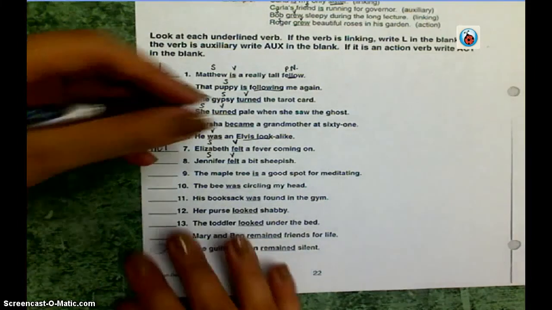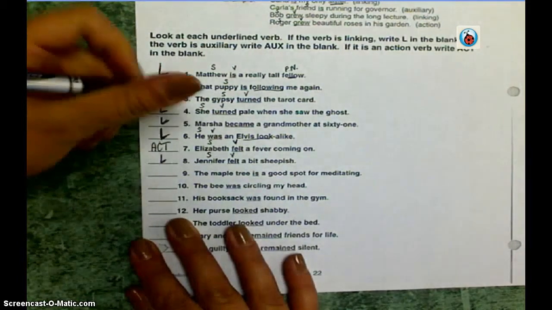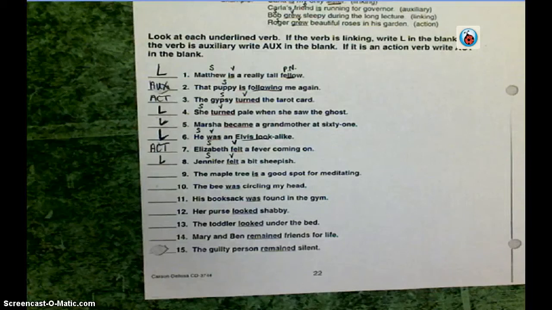So in this context, it's a link. She can physically feel the fever coming on, but Jennifer felt a bit sheepish. She can't literally feel the sheepishness. It's like being embarrassed, okay? You can see embarrassment if someone's cheeks turn, right? And that would be using the words differently in the sentence, okay? I know some of these are a little tricky.